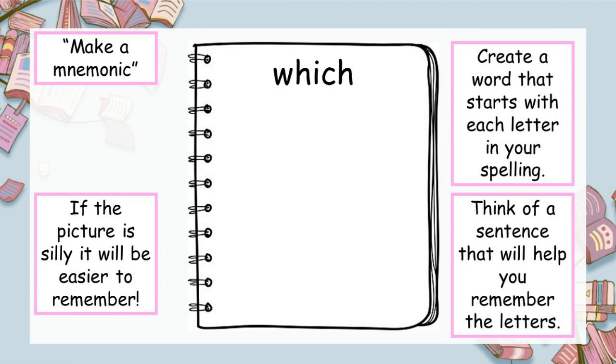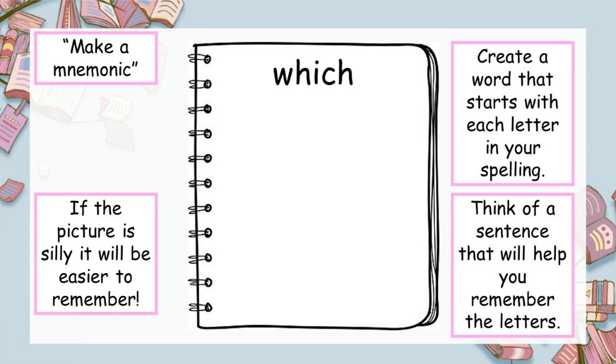So remember the steps. First, separate the letters in the word out. Then, try to think of a sentence that uses all of these letters at the start of each word. And remember, if the picture is silly or very clear in your head, it's going to be much easier to remember this mnemonic. When you're ready, pause the video and give this one a try.